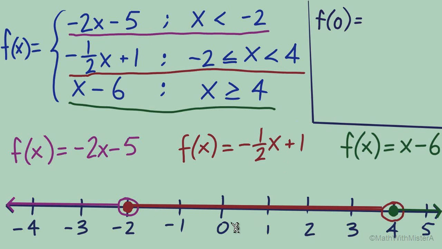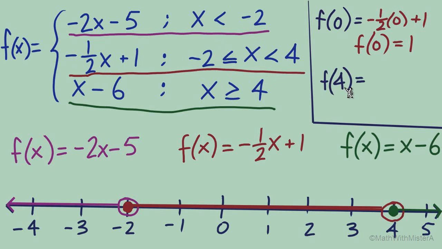And you can see on the number line that if x is 0, we're using this middle function. So we'll plug the 0 in place of x into -1/2 x plus 1. And we simplify that, 0 plus 1 equals 1. So we would just simply say that f of 0 equals 1. And because of what's described here with our x values, we know that if x is 0, we're plugging 0 in place of x in this middle function.